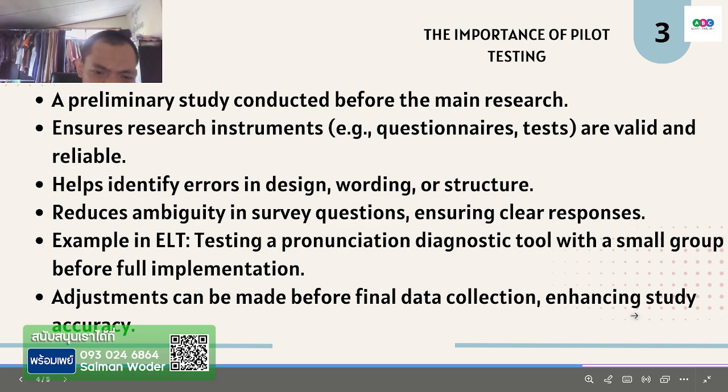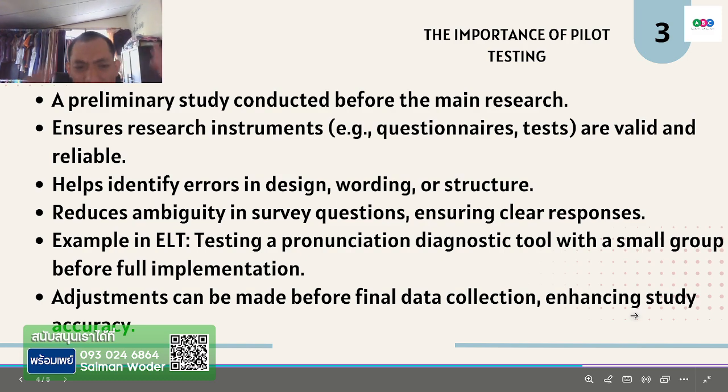So to improve validity and reliability, by addressing issues identified during pilot testing, you can significantly enhance the validity or reliability of the research instrument and procedures. So this ultimately leads to more trustworthy and credible findings.